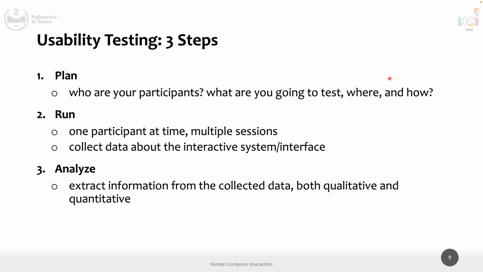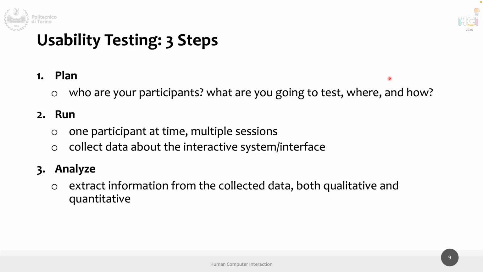Usability testing is composed of 3 main steps. The first one, the most important, is planning. Usability testing should be planned in terms of who the participants are, what you are going to test, where the testing is happening, and how.